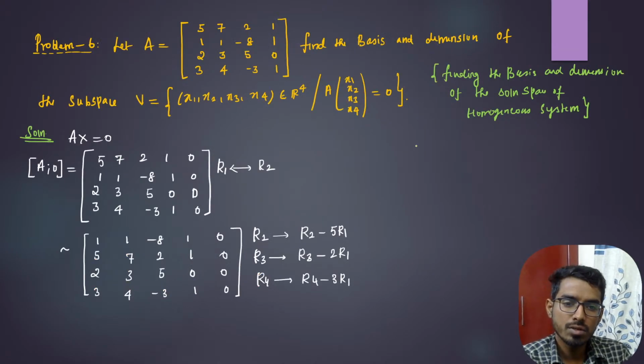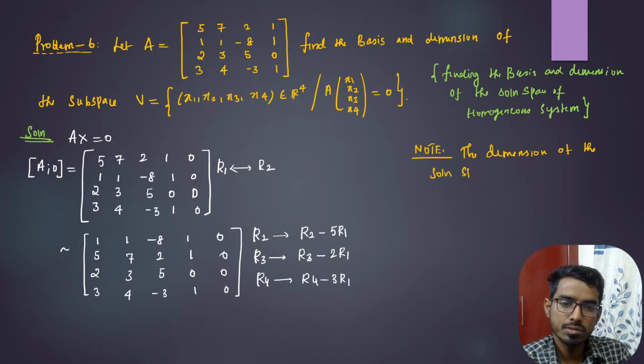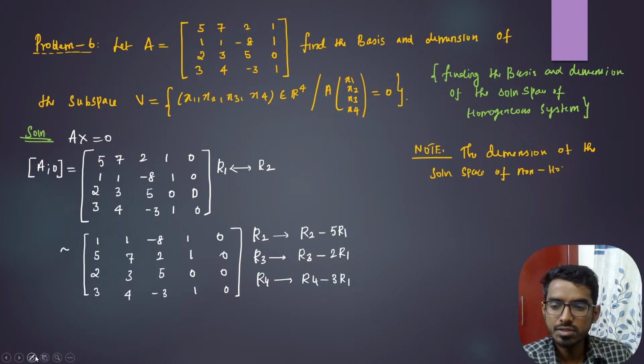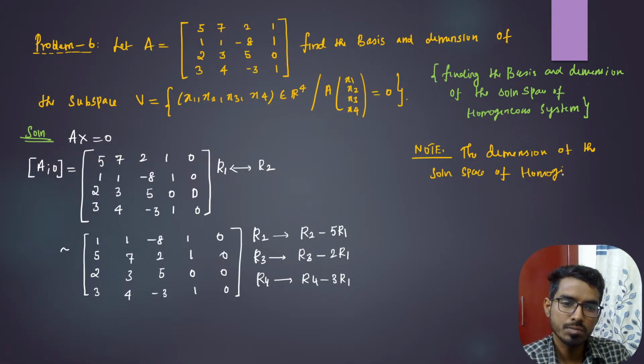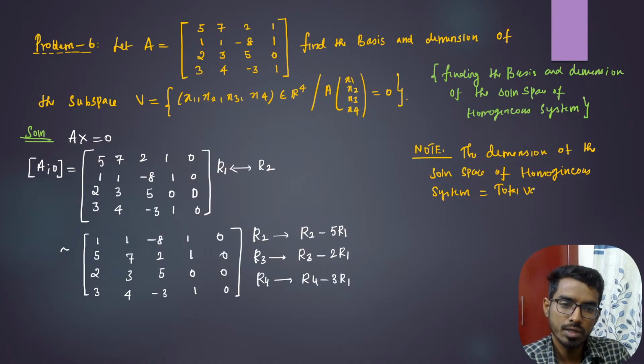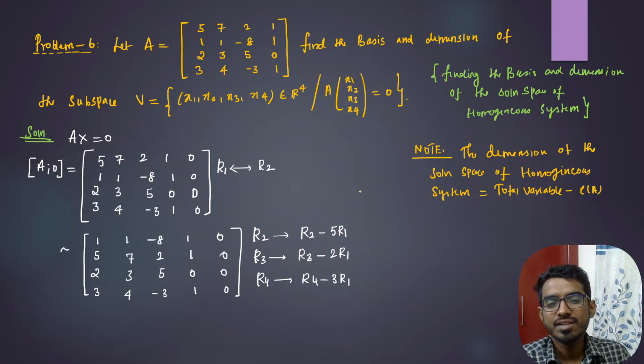Always note that the dimension of the solution space of a homogeneous system is equal to total variables minus rank of A. That's it, right?